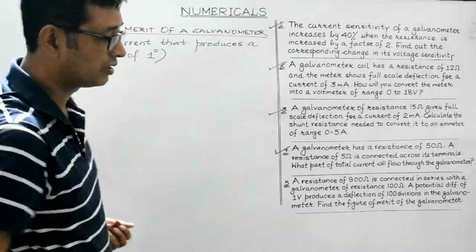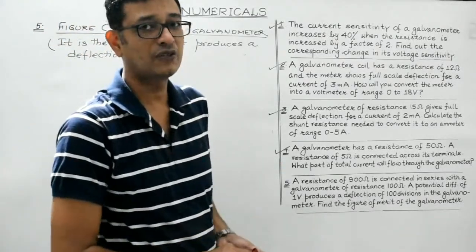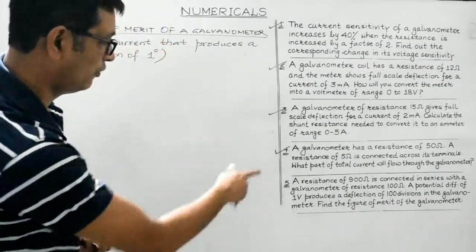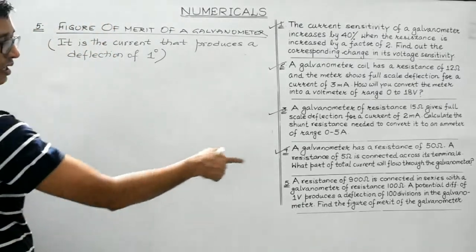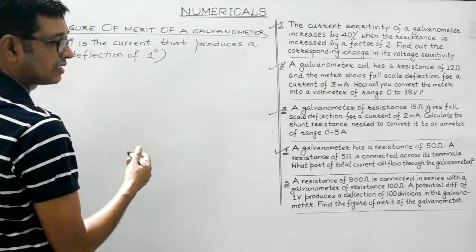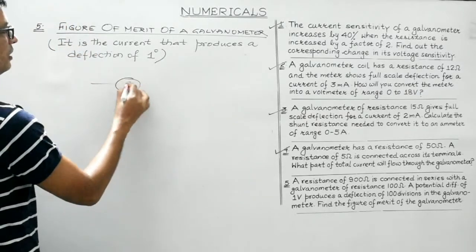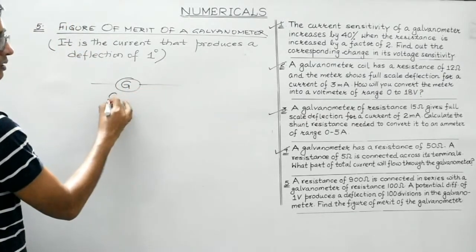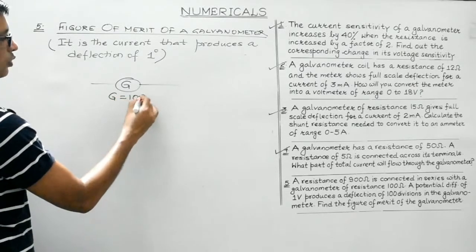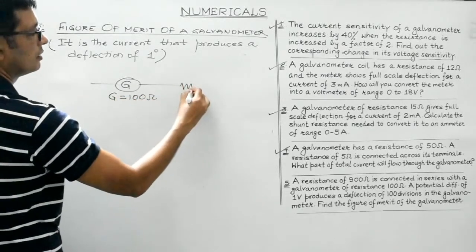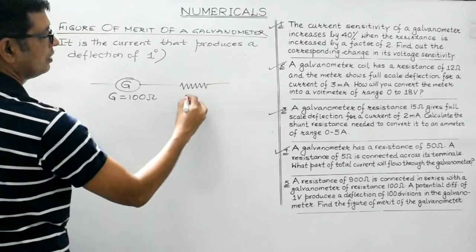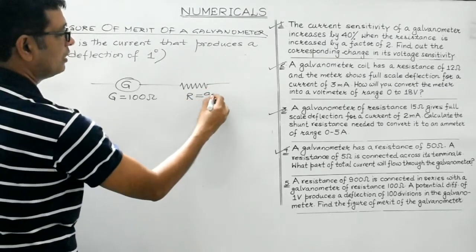And in this question we are supposed to find out the figure of merit of the given galvanometer. Well, let's consider the question now. A resistance of 900 ohm is connected in series with a galvanometer of resistance 100 ohm. This is the galvanometer, its resistance is 100 ohm, and this is a high resistance wire of 900 ohm.